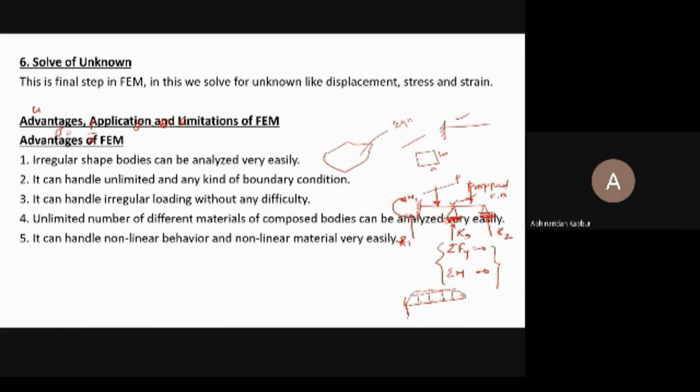If a material is not behaving linearly, then the conventional method cannot be used to get the solution. In that case, FEM will help to get the solution for non-linear behavior as well as materials which behave non-linearly. So these are some of the advantages of FEM.